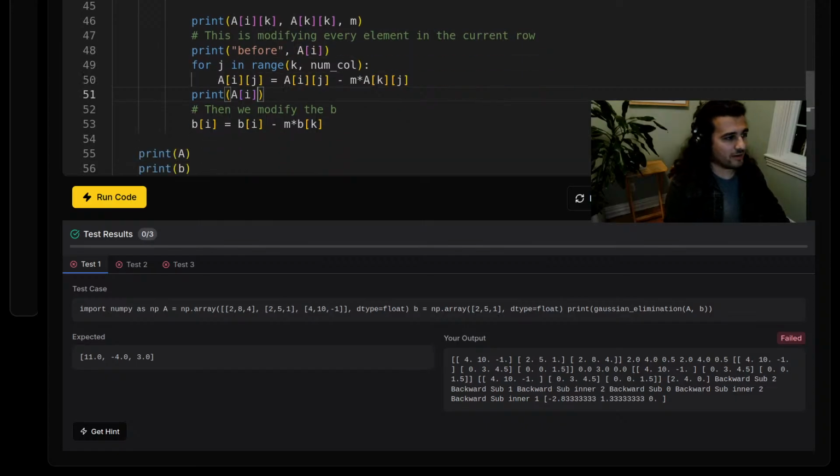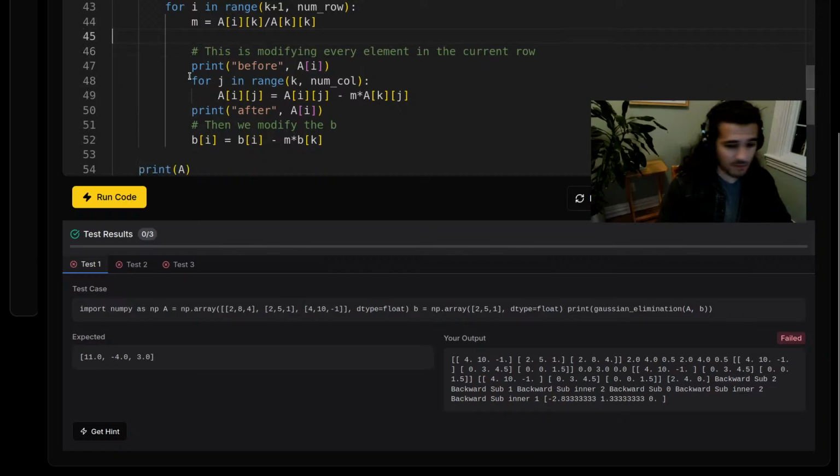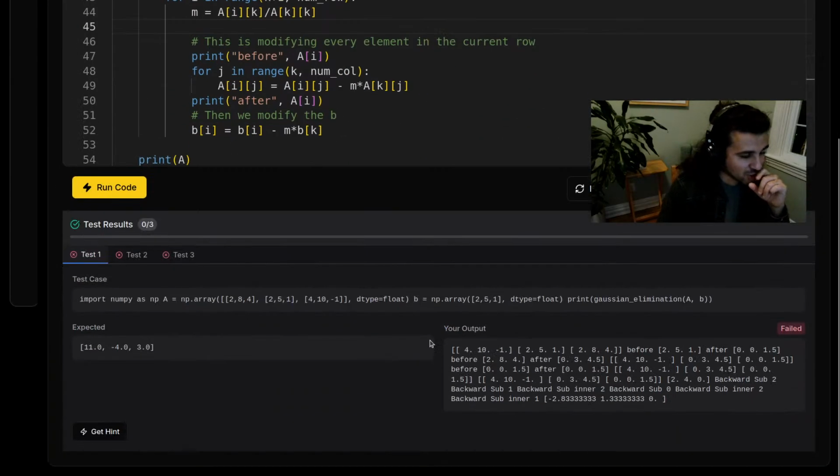I swear, if this is the test case that is messed up, I don't think I'm going to recover from this. Mo, if you're there, let me know. Mo is the one that made the website. Let me know if this one is messed up, or if I'm just not that good at doing it right now.